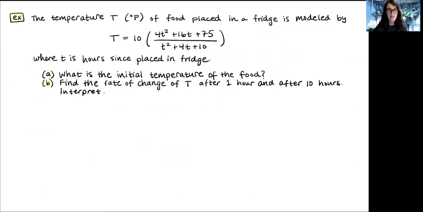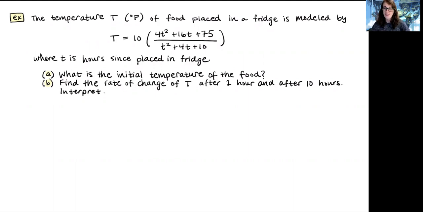It's capital T equals 10 times (4t squared plus 16t plus 75), all divided by (t squared plus 4t plus 10), where little t is the hours since the food was placed in the fridge. So part A asks us, what is the initial temperature of the food? Part B asks, find the rate of change of the temperature after 1 hour and after 10 hours, and interpret.